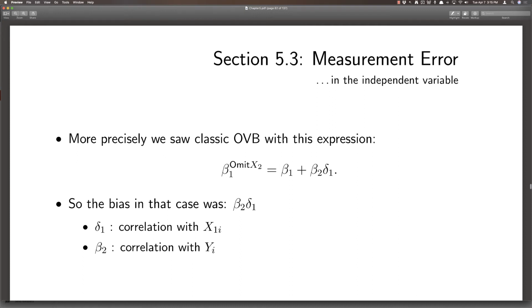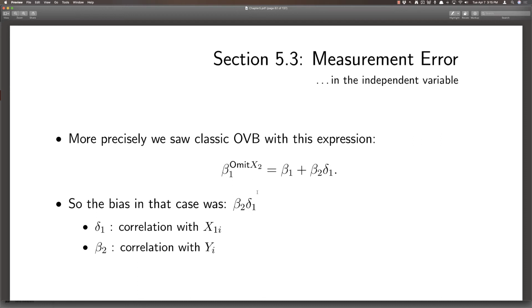We saw classic omitted variable bias in the last screencast. The bias was this: if both of these are non-zero, if beta 2 is not 0 and delta 1 is not 0. Beta 2 is the correlation between the omitted x2 and y, and delta 1 is the correlation between the omitted x2 and the included x1.